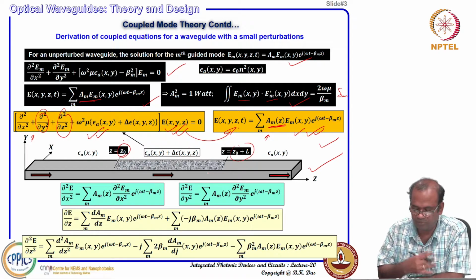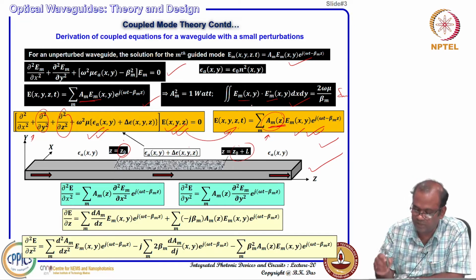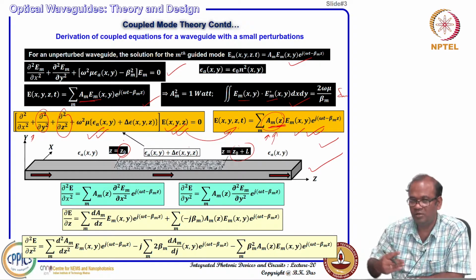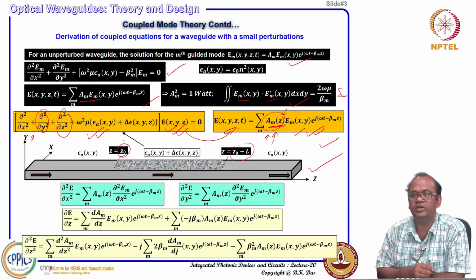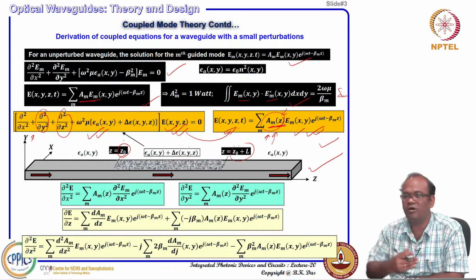If you can get some simplification, you can solve for a m z. Our intention is that if we can solve a m z, then we know how the mth mode evolves in the perturbed region. So, the ultimate goal is to find the value of a m z as a function of z, how the amplitude is evolving, whether it is reducing or increasing.